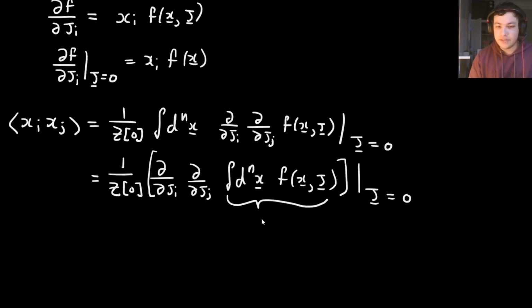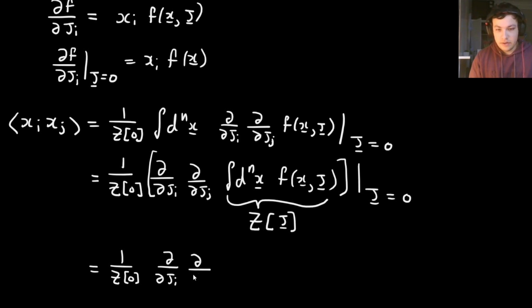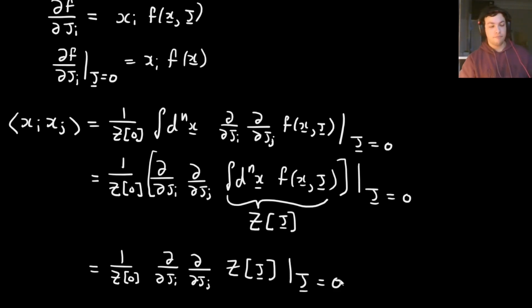Now this is just our partition function Z_J, and so we end up with 1 over Z_0 d dJ_i d dJ_j Z_J at J equals 0.